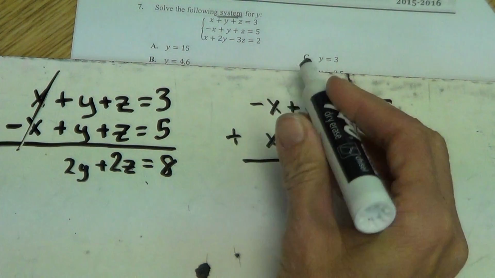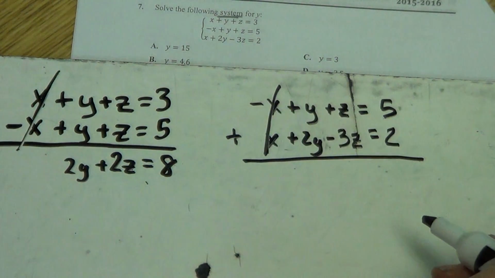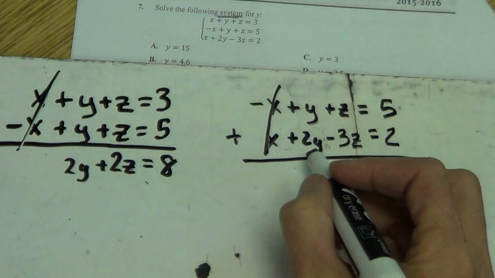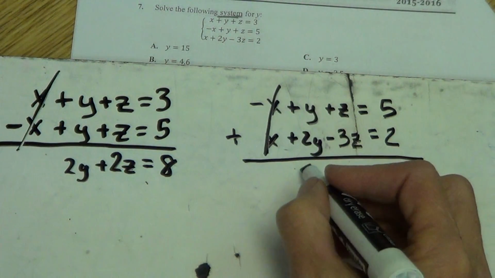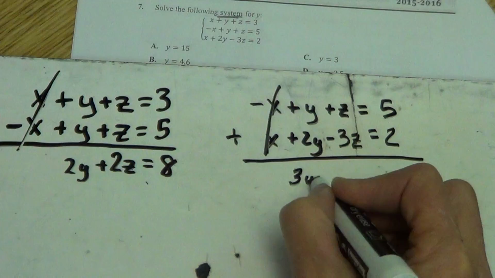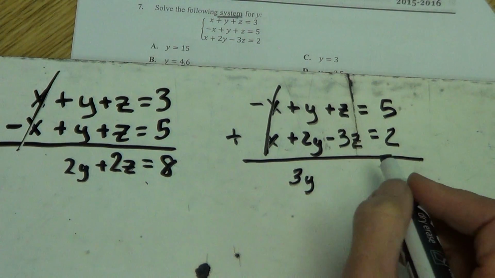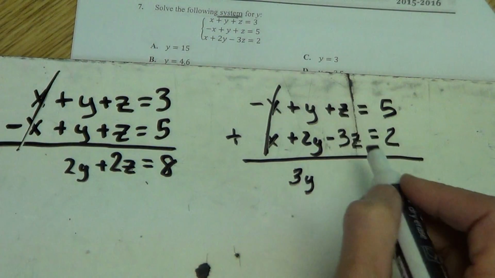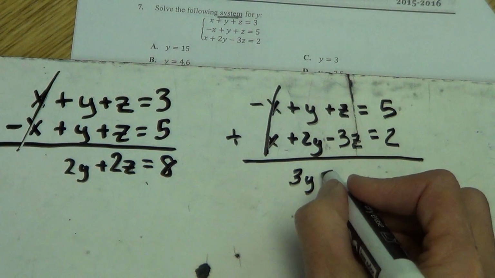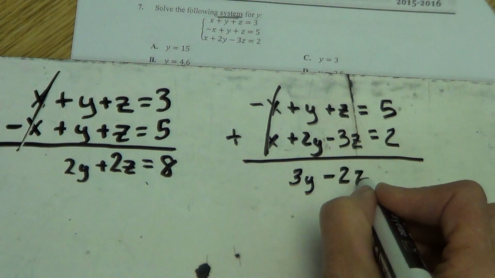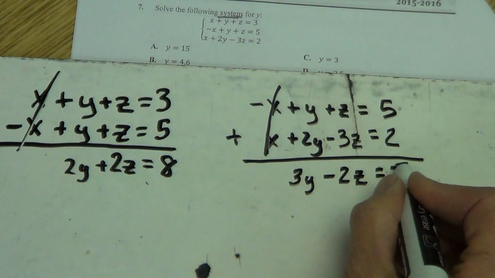Add these two and you can see the x's are going to wipe out again. That works out beautifully. 2y and 1y would make 3y. Please do not say 3y squared. You would only add their exponents if you were multiplying. Negative 3 plus 1 would be a negative 2z equals 7.